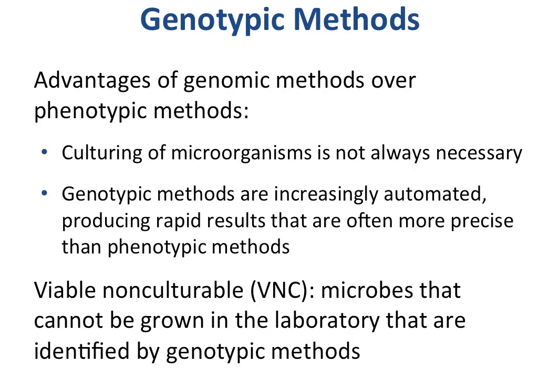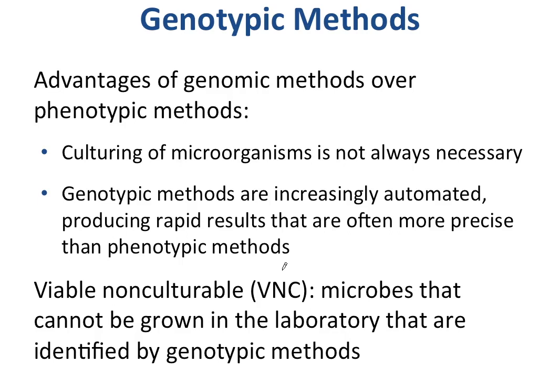Genotypic method has its advantage because we don't have to look at the phenotypic features of the bacterial microorganisms. We just pick a small amount of the sample and run the PCR.